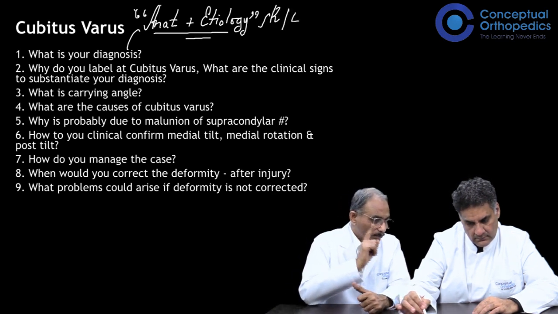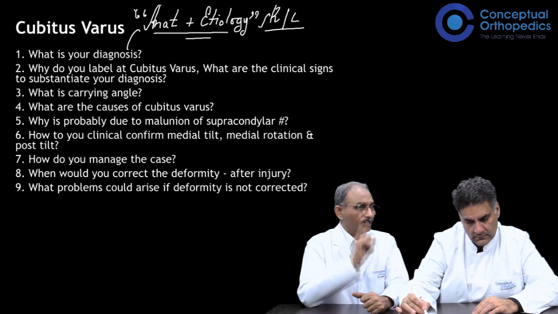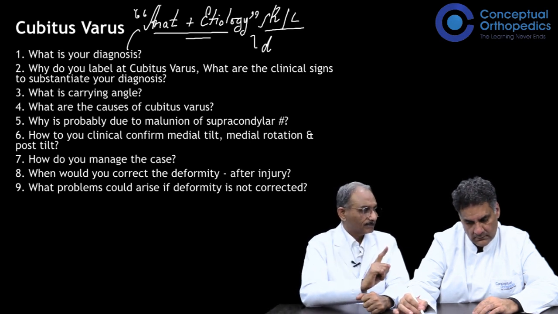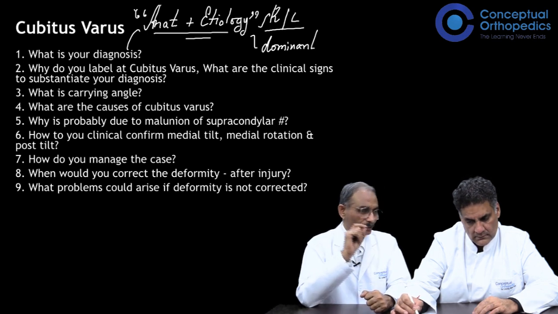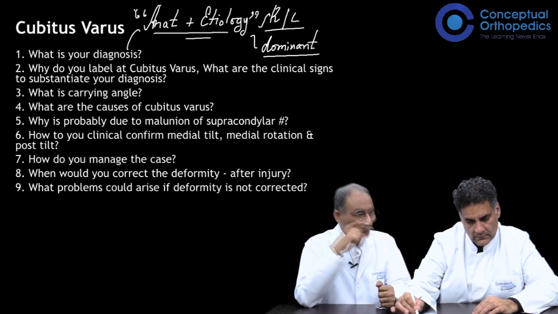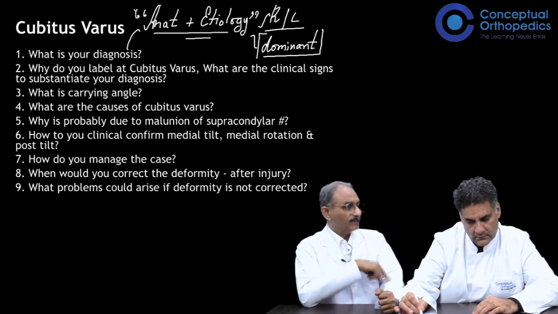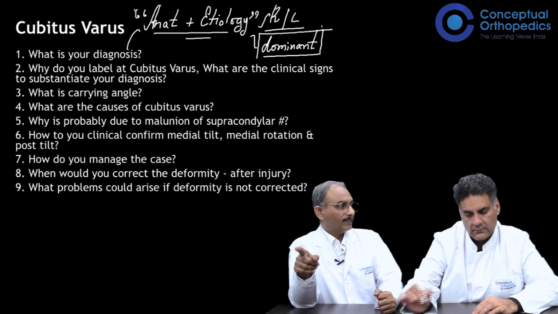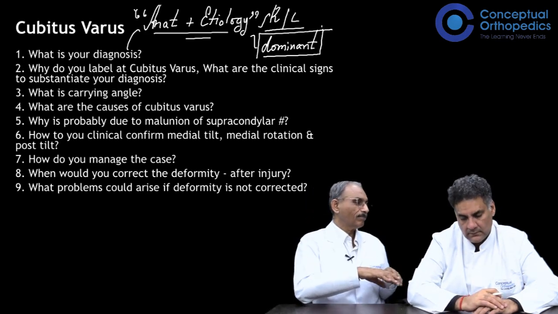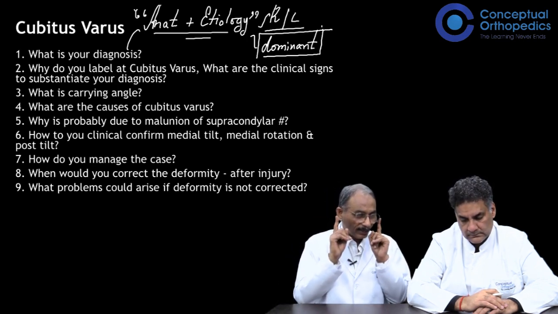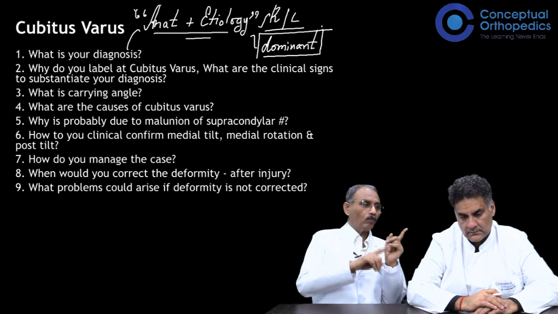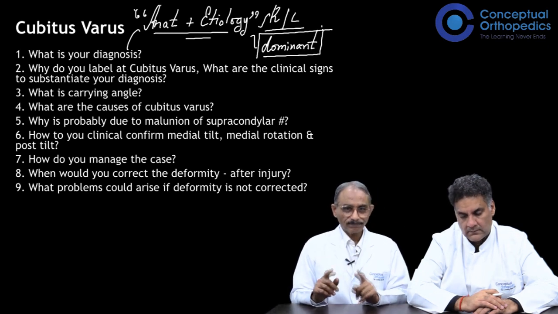The moment you have an upper limb presentation, the side becomes important. Right hand or left hand dominant. A left-sided cubitus varus in a right-hand dominant child is less disabling than the other way around. So in an upper limb, you always say which side is the dominant side.